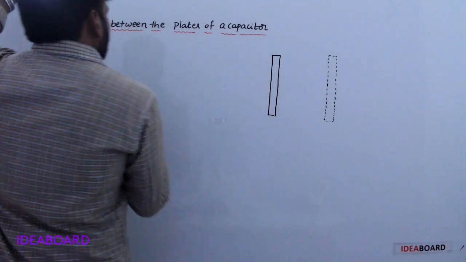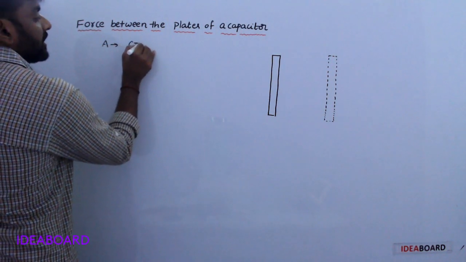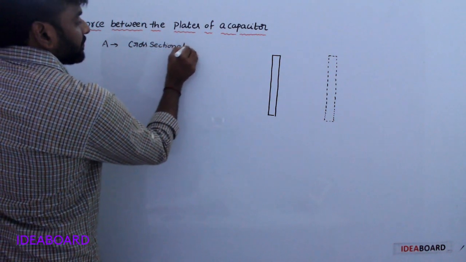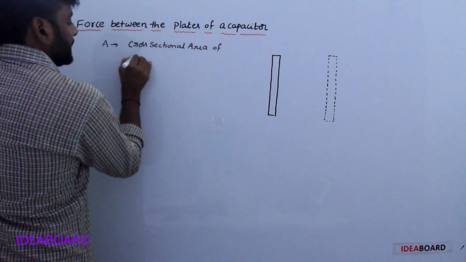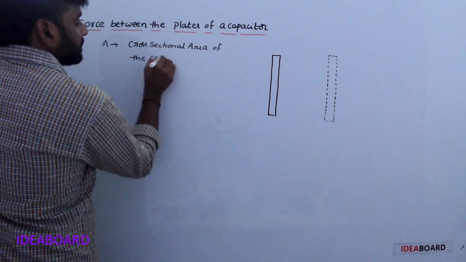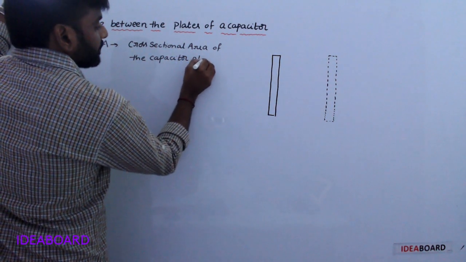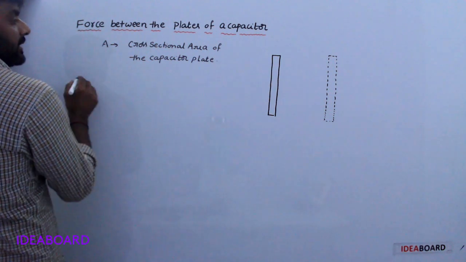Here A is the cross-sectional area of the capacitor plate.